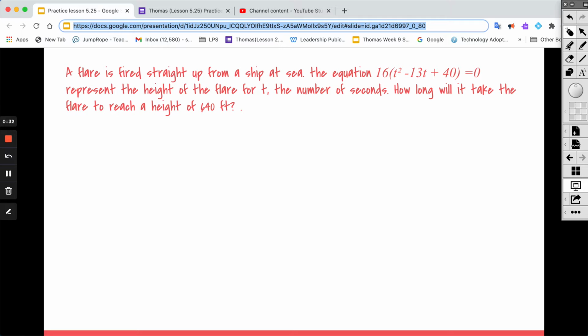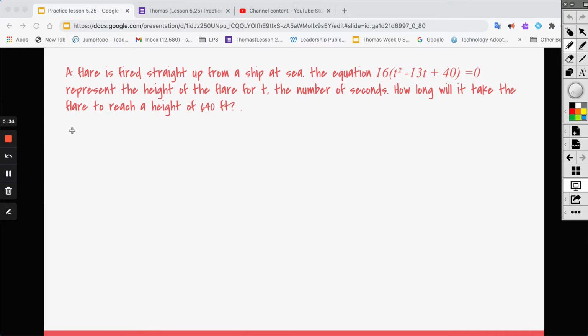So it therefore means that if the flare reaches a height of 640 feet, then this is what's going to happen.